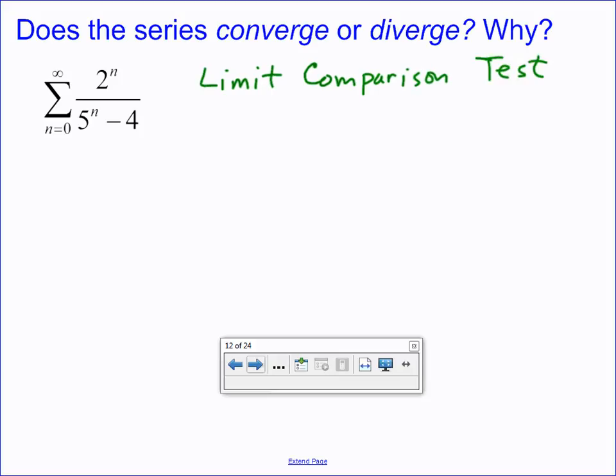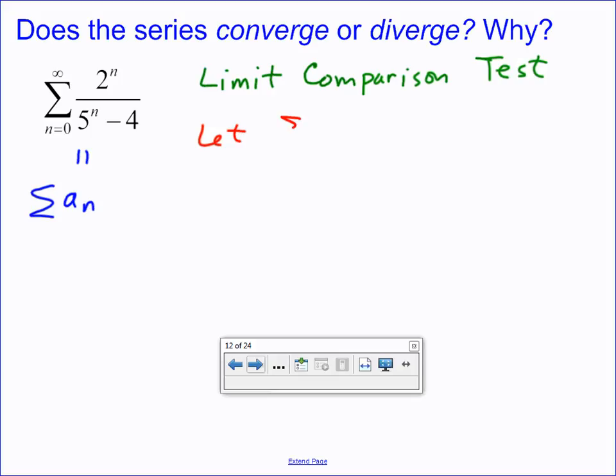So the limit comparison lets us call this my series A, and we're going to let series B now be the one that we know something about. We think that in the long term, this behaves like 2 to the n over 5 to the n, or the series 2/5 to the n, which is geometric.